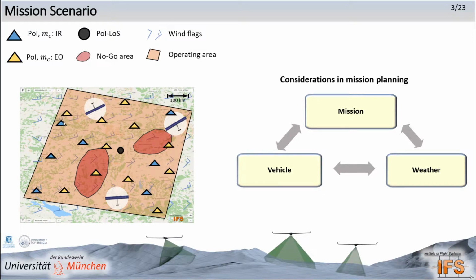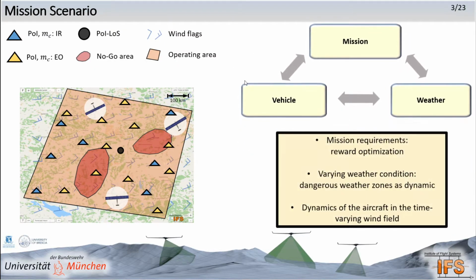So different points of interest need to be recorded at different time slots using a specific camera, either infrared or RGB, for example. The monitoring of these points of interest must be done while considering the varying weather conditions and the forbidden airspace, which could also vary with time.